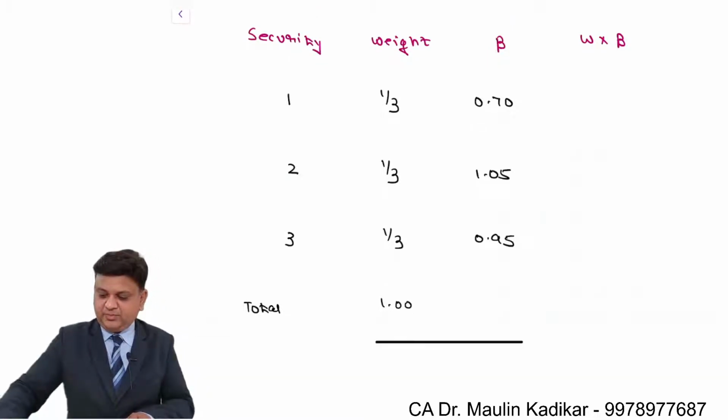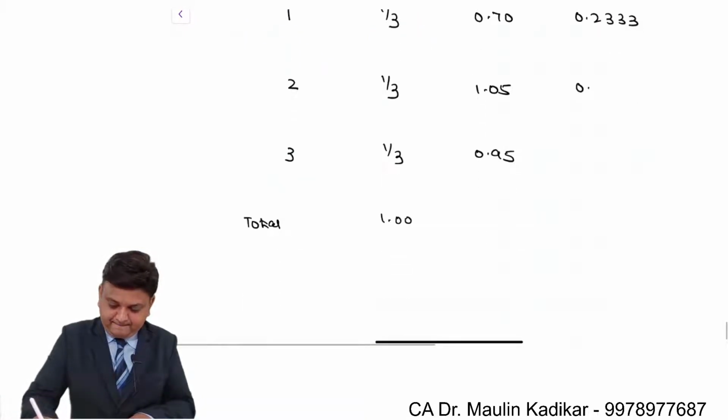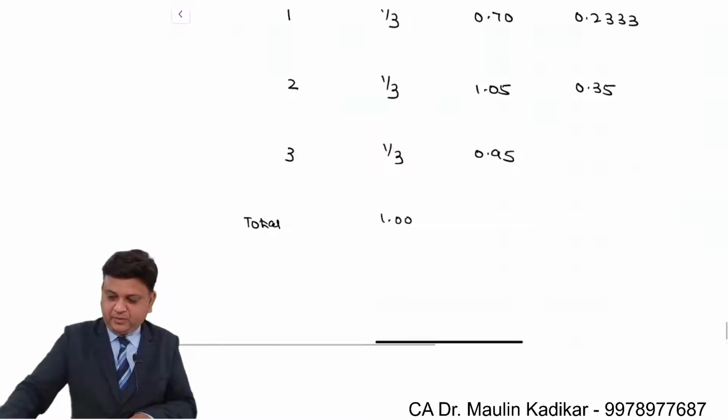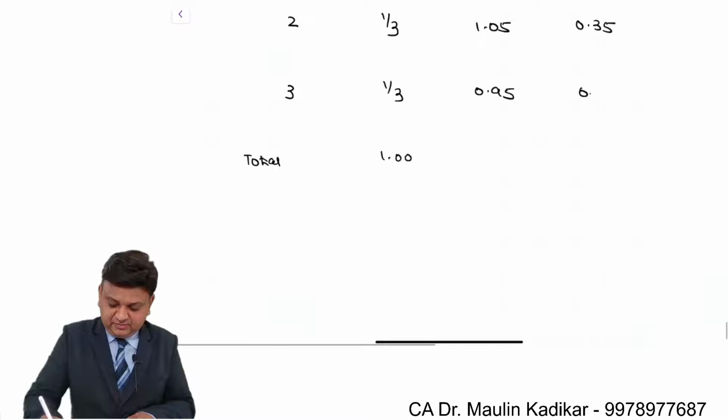So use a calculator. 0.7 divided by 3 comes to 0.2333. 1.05 divided by 3 is 0.35. 0.95 divided by 3 is 0.3167.